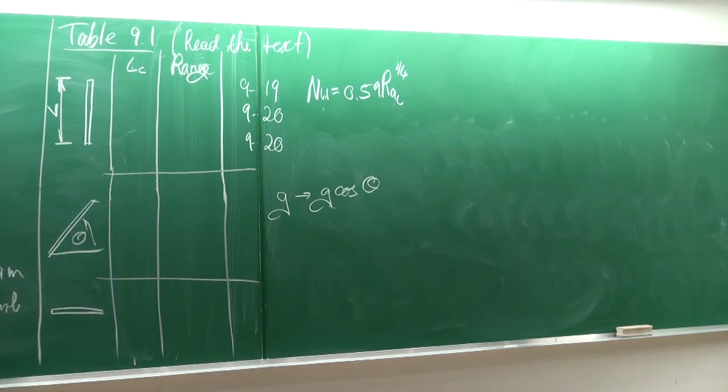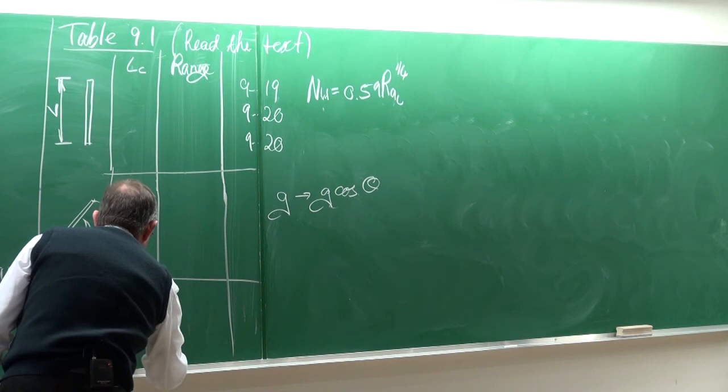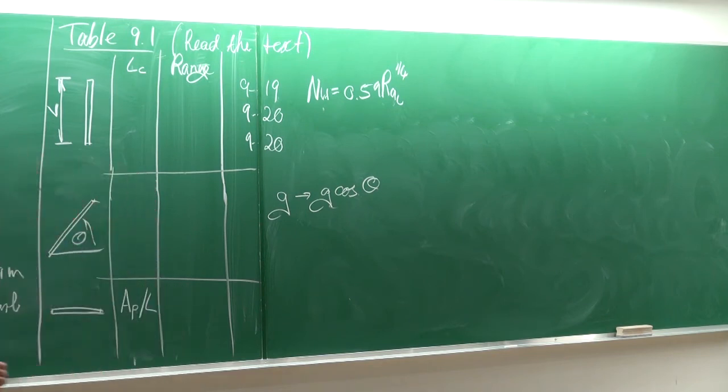Okay. And again there are three equations, and they specify, for example, for a horizontal plate, the surface area As and the perimeter P. So what they now say is that for this one you calculate the characteristic length by the surface area, no wait a minute, As divided by P, sorry.